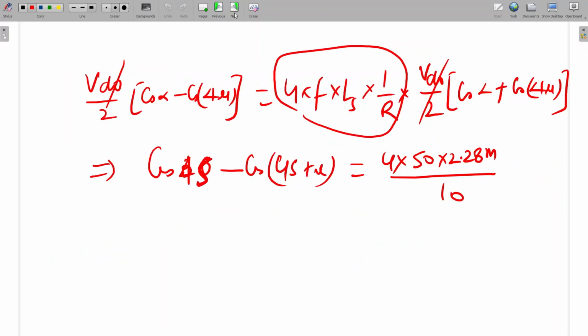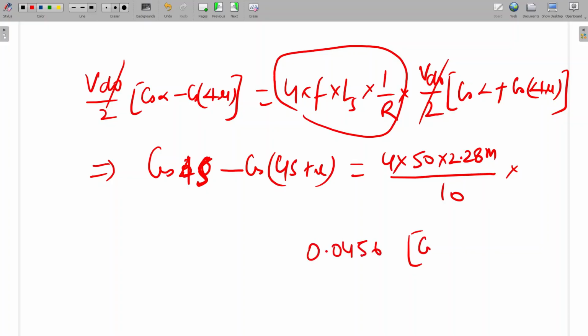R is 10. So 0.0456, sir. So I will also calculate. Everyone will get the same answer. Then we'll proceed further. So 4 into 50 into 2.28 into 10 to the power minus 3 divided by 10. So 0.0456 you are getting.